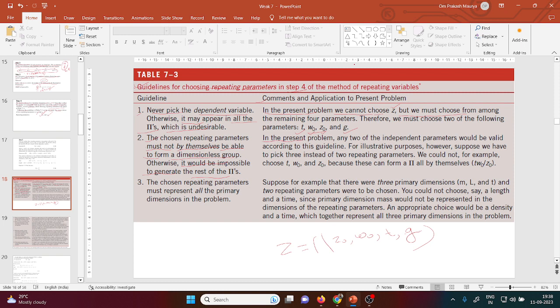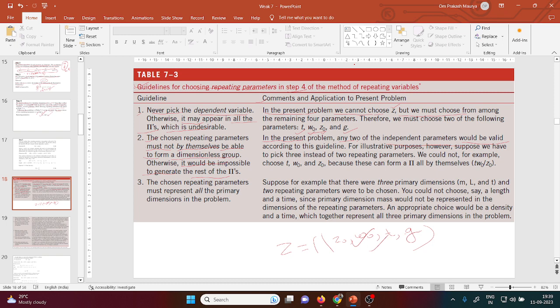In the present problem, any two of the independent parameters would be valid according to these guidelines. However, for illustrative purposes, suppose we have to pick 3 instead of 2 repeating parameters.